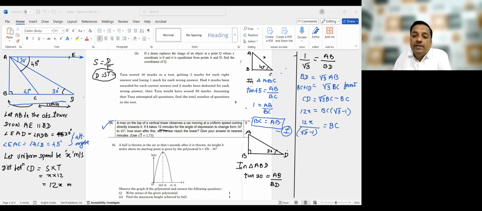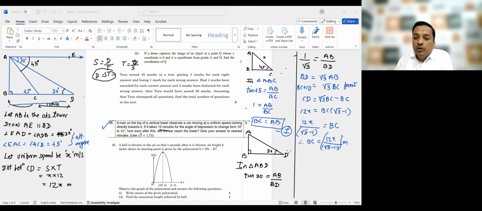अब ये क्या हो गया? BC, this becomes the distance, correct? So we can write BC is equal to 12x upon root 3 minus 1 meter. We have to find time. तो टाइम का फॉर्मूला क्या बनेगा? Time is equal to distance upon speed.